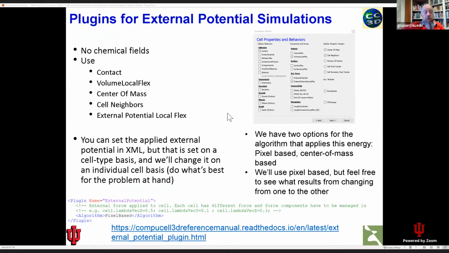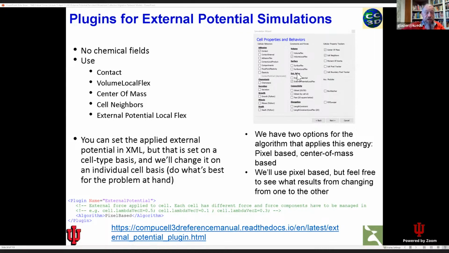Then we're going to skip chemical fields in the simulation. And we have to give ourselves a volume. So for contact, we will give the cells an individually defined volume, volume local flex, although we could perfectly well use volume flex for this.